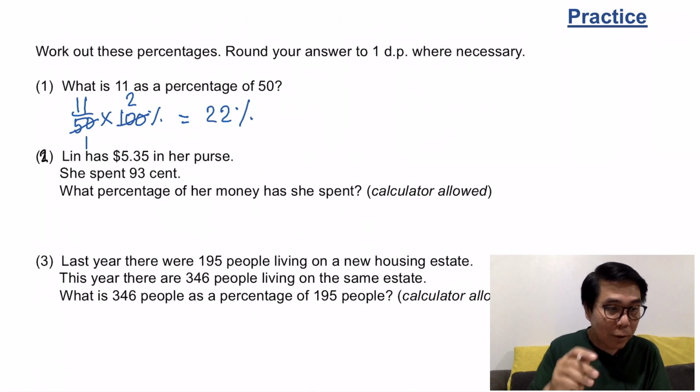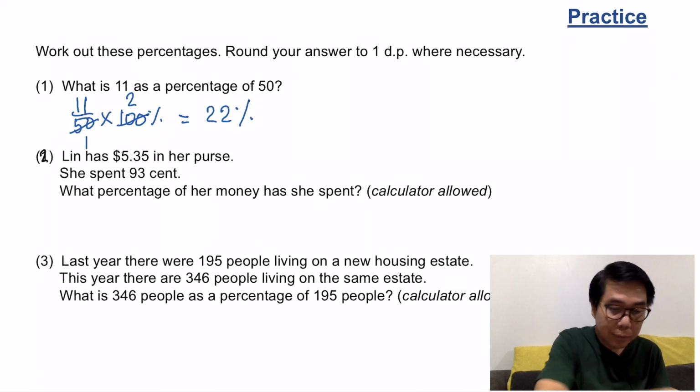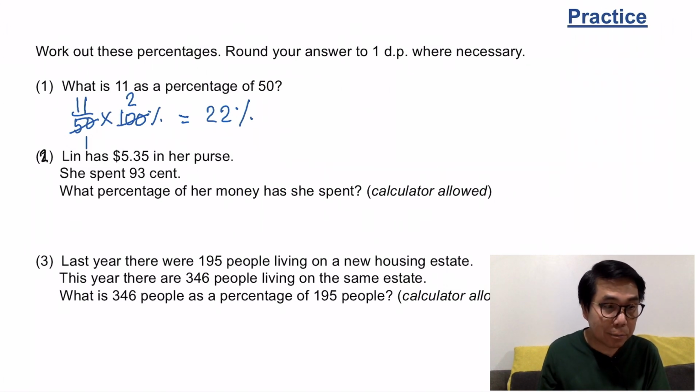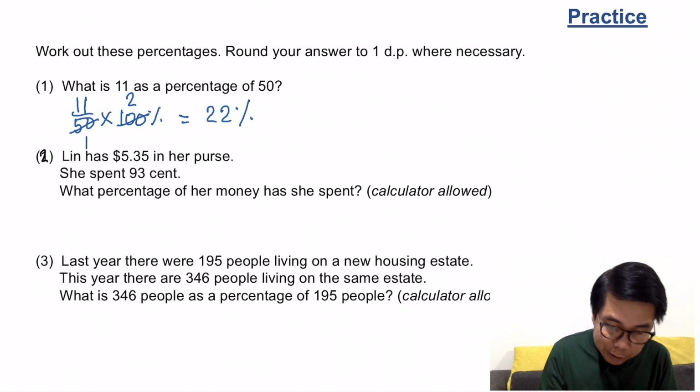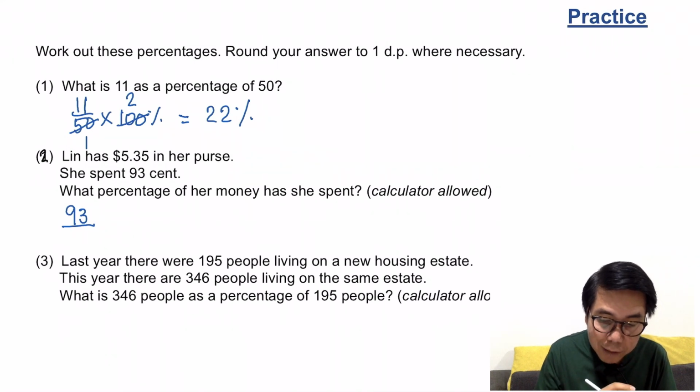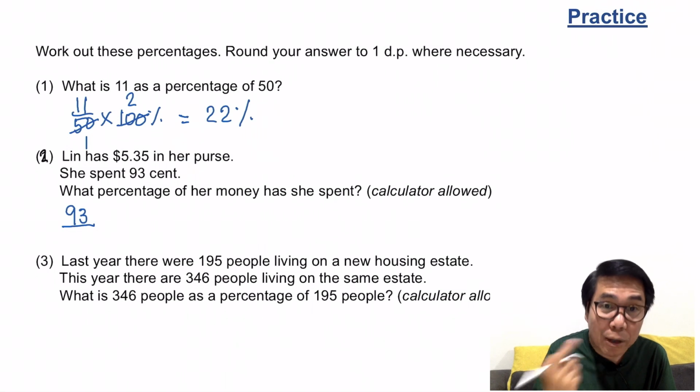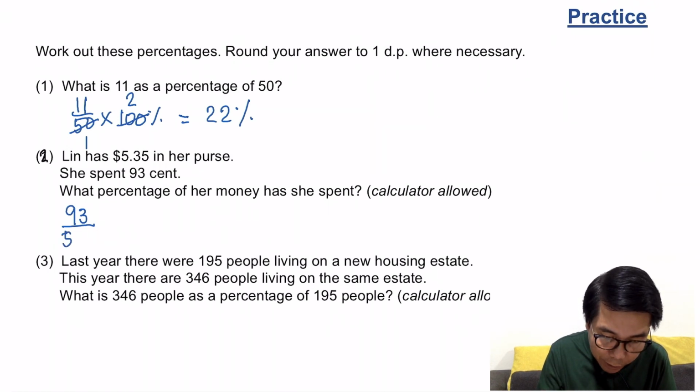So what we need to do first is write the fraction: 93 cents out of the total. $5.35 should also be written in cents, so that is 535 cents, times 100%.